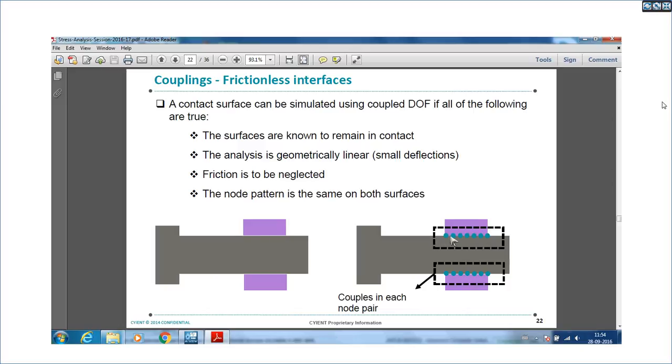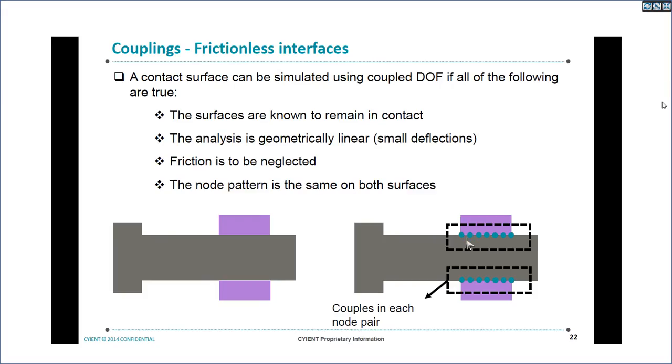When you give couplings at these locations, what we are enforcing is that they should always be together. The other thing is the analysis is geometrically linear, so we cannot capture nonlinearity at this location. Friction will be neglected. There won't be any frictional forces. Node patterns should match.